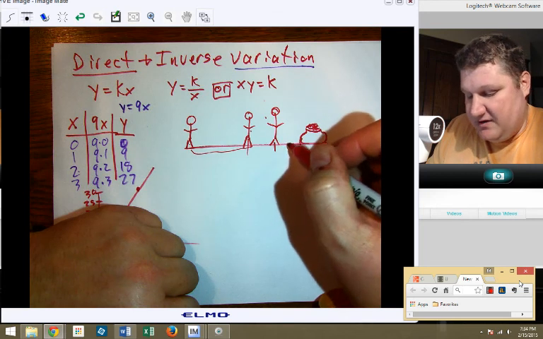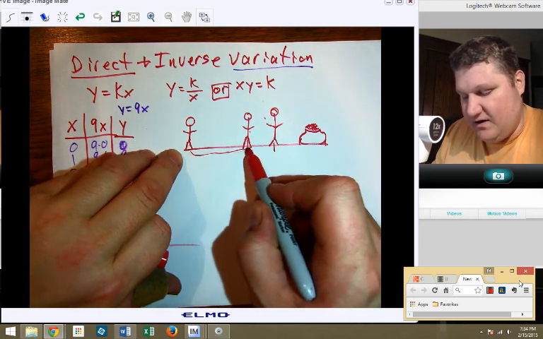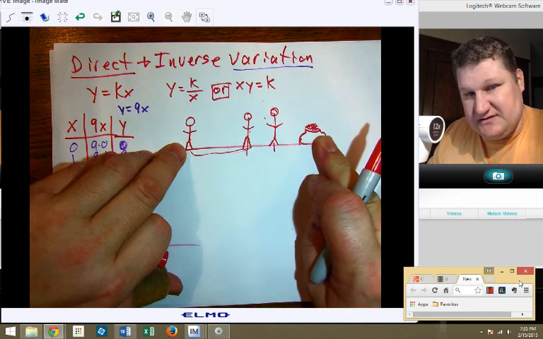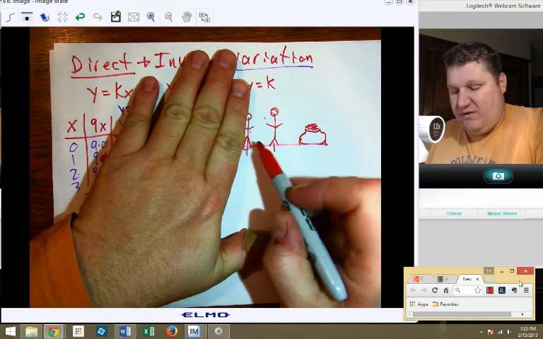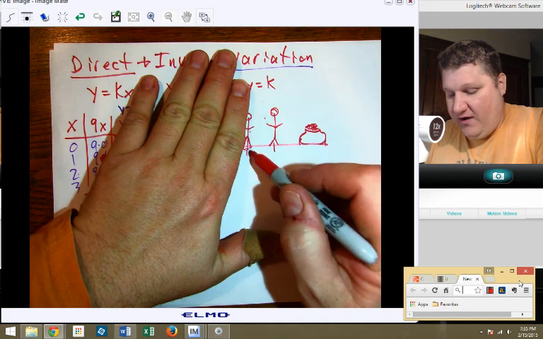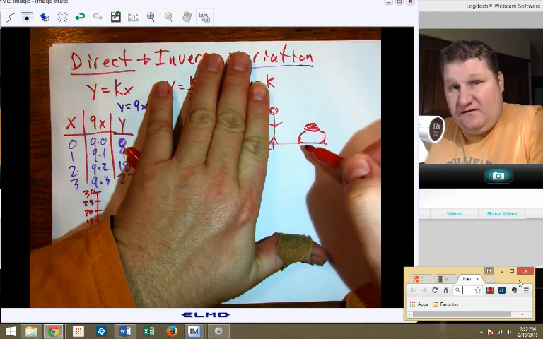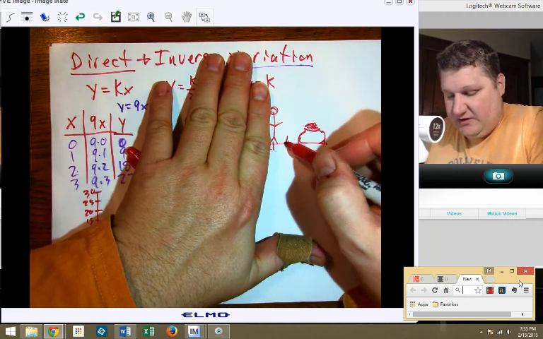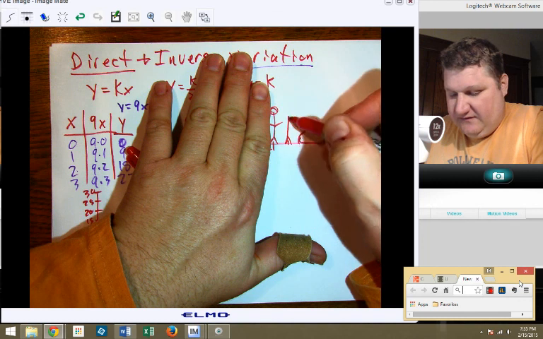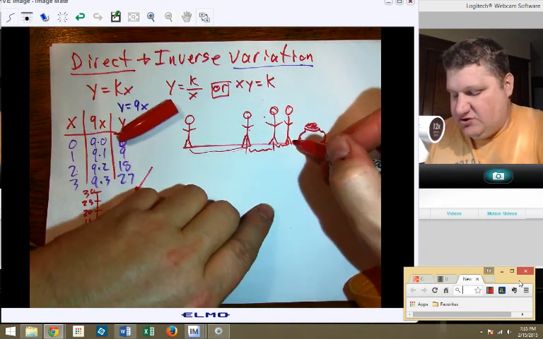The problem is, as the distance decreases, you'll notice the first guy got to move quite a bit, because that was half the distance to the pot. But when you got the second question right, you got to go halfway, but halfway wasn't as far. In the same way, if this guy gets his question right, he gets to move only half the distance, and so on and so forth.